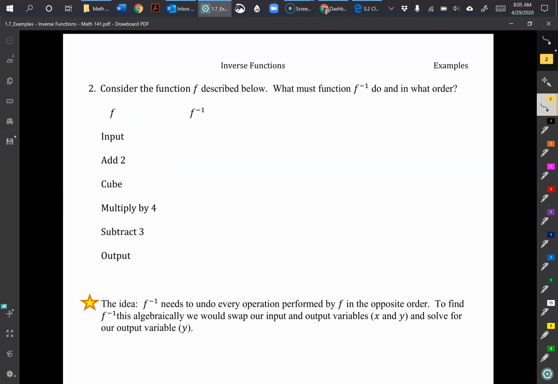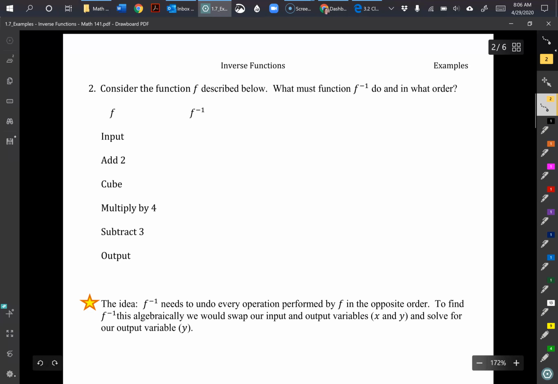But what I want you to think of is, if I am inputting, this is my input here that I have. The first thing that happens to f is going to be the last thing that has to happen.